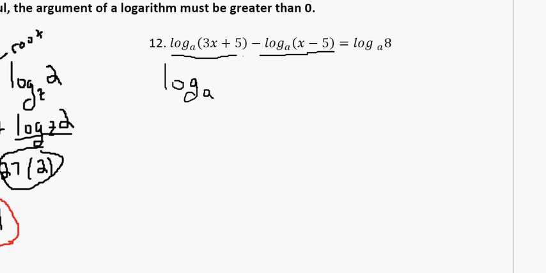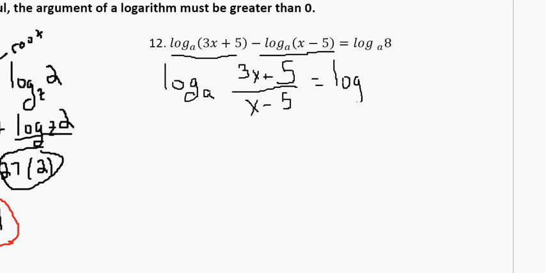So log base a. And then I'm going to divide the arguments because they were subtracted. 3x plus 5 divided by x minus 5 equals log base a of 8.